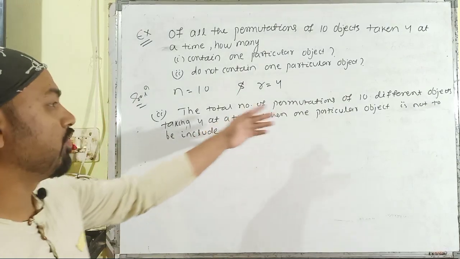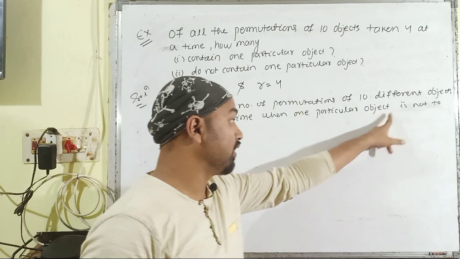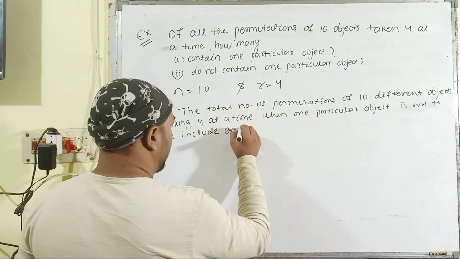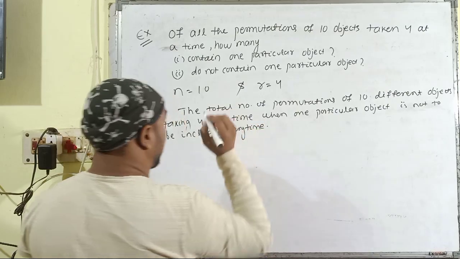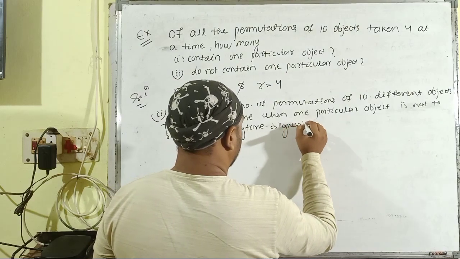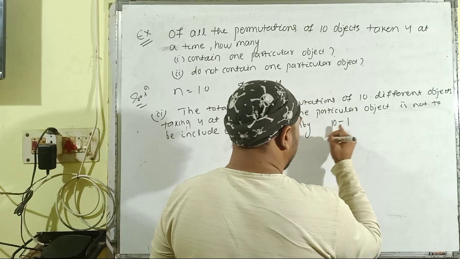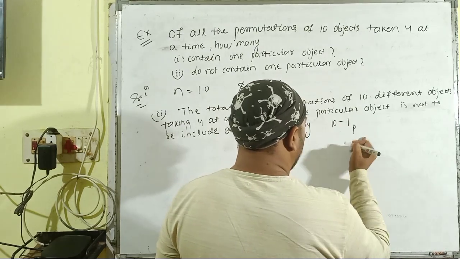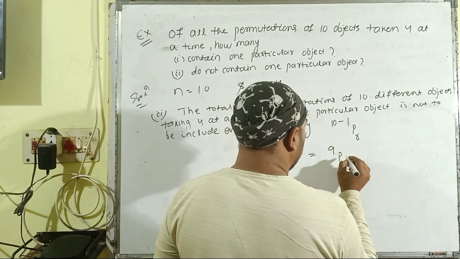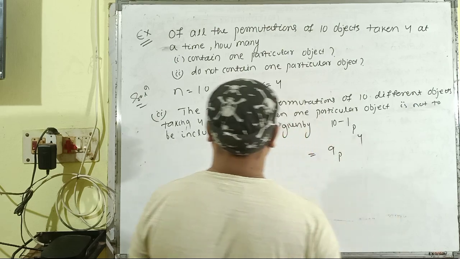So the total number of permutations of 10 different objects taking 4 at a time when one particular object is not to be included every time is given by 10 minus 1, that is n minus 1 P r, that means 9 P r. The value of r here is 4.